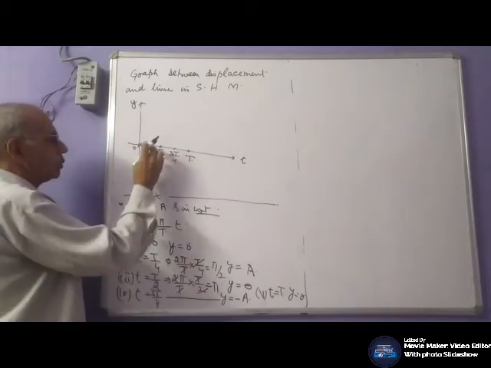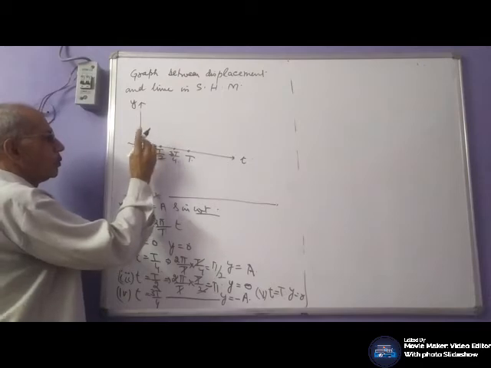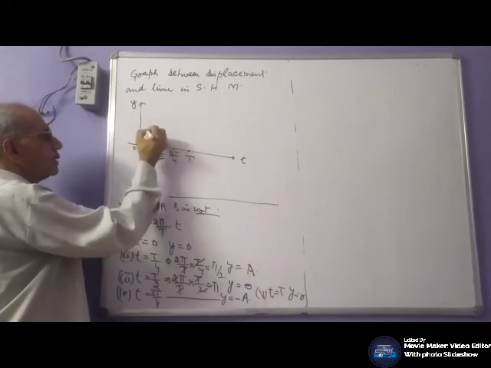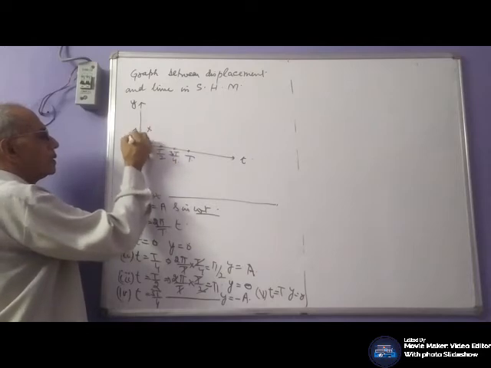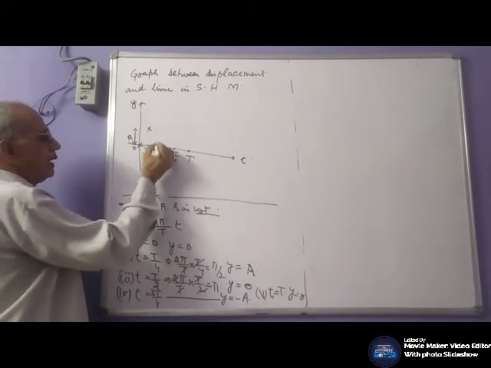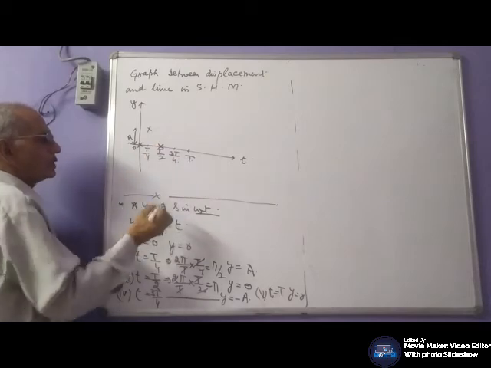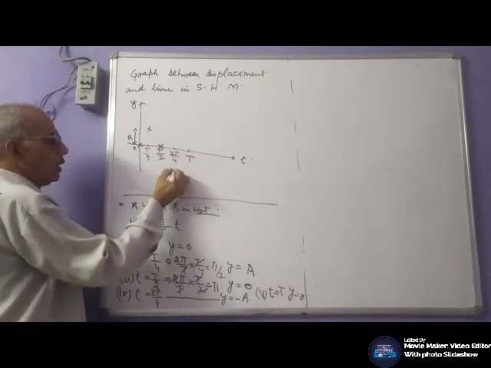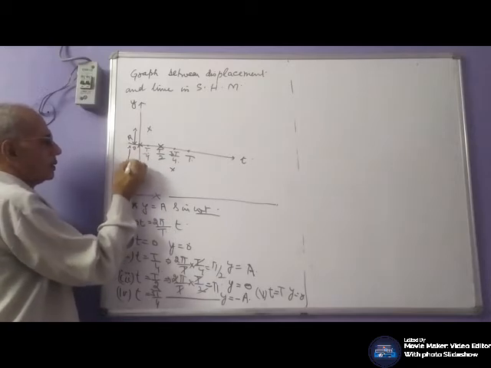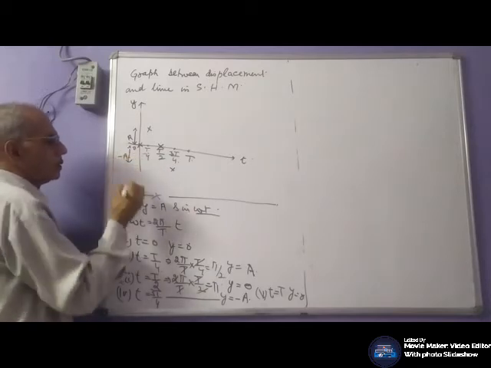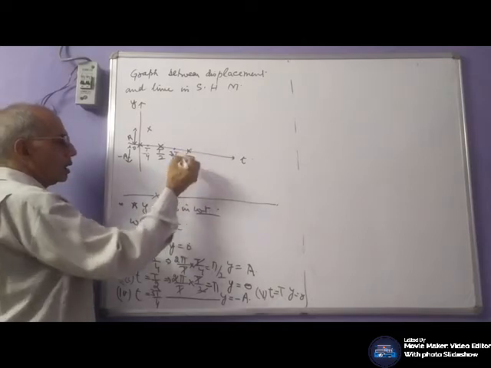T by 4, y A. T by 2, y 0. 3T by 4, minus A. Again 0.